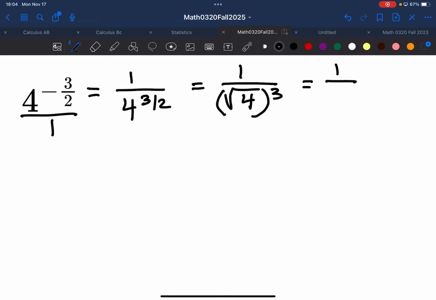So we have 1 over 2 to the 3rd power. And what is 2 cubed? 2 times 2 times 2? Not 16, not 12, 8. So it's 1 over 8. So remember, it's 2 times 2, which is 4. 4 times 2 is 8.